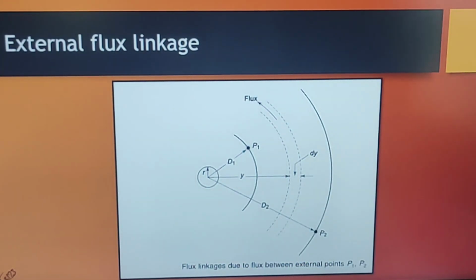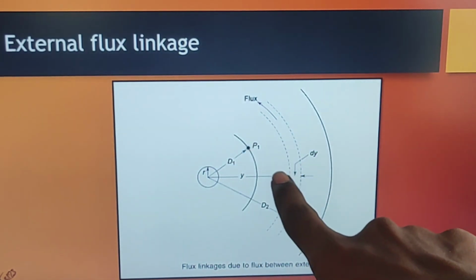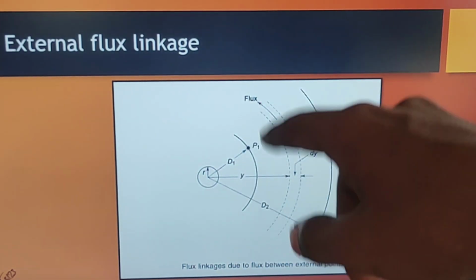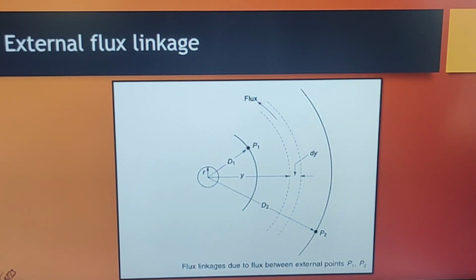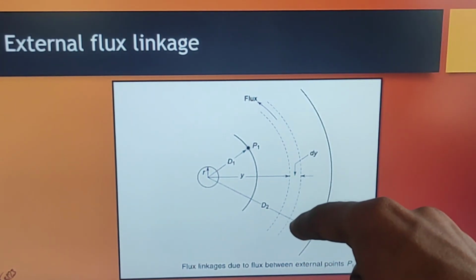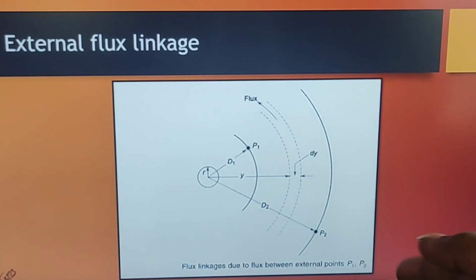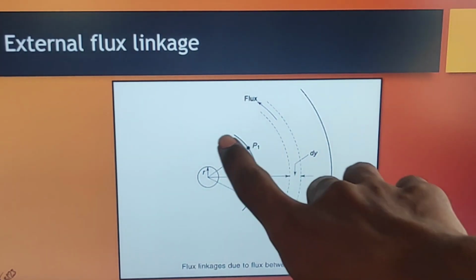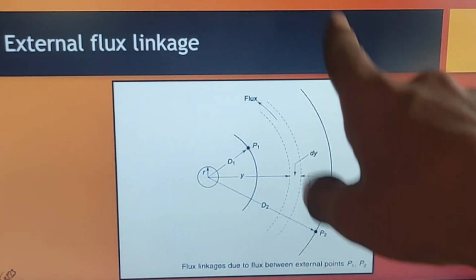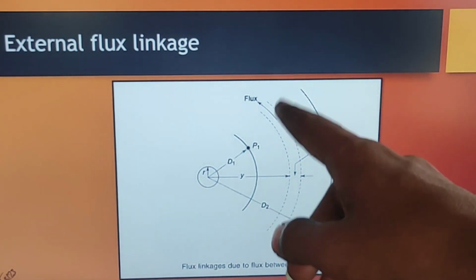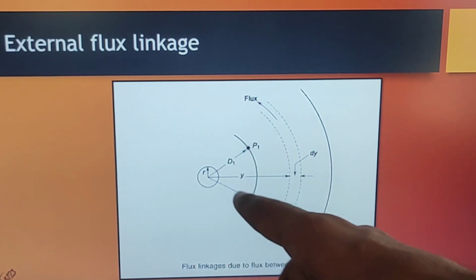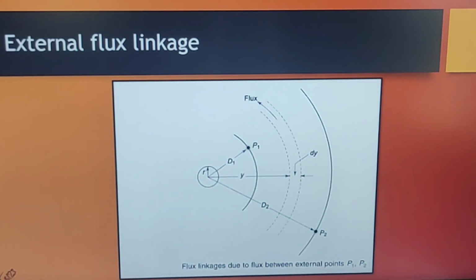From that flux density we will derive the expression for how much flux is present over here, and after that we will put that flux expression in the final expression, that is lambda. Lambda is flux linkage, equal to n phi, where the n value will be 1, so that we will integrate, and that integration will give us the total external flux linkage. That is the concept. Let us go through the derivation part.